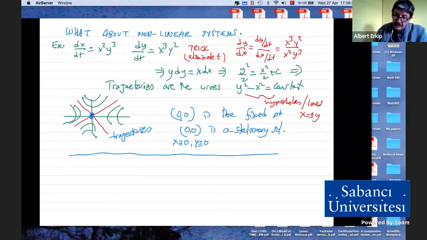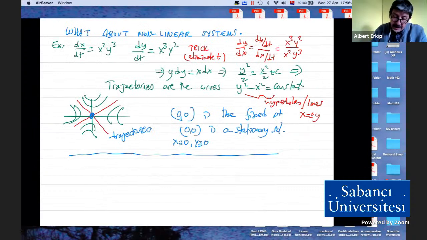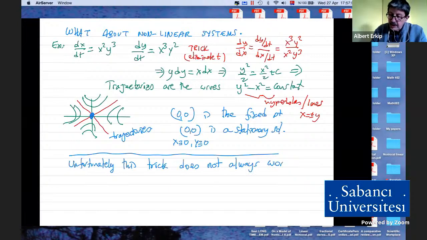Okay. But now, unfortunately, I have to add a few pages, sorry. But now, unfortunately, this trick does not always work. So in general, I have dx/dt equals f(x, y), dy/dt equals g(x, y).